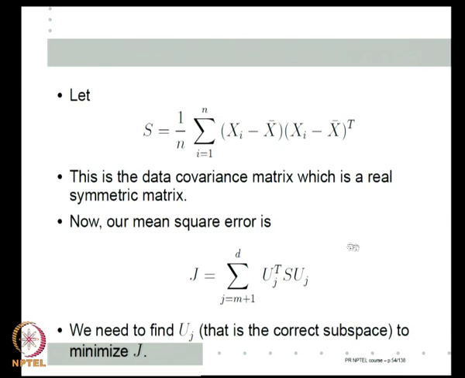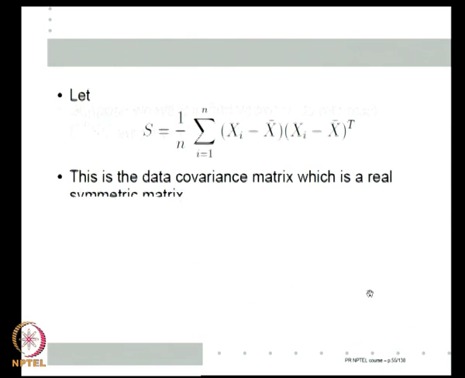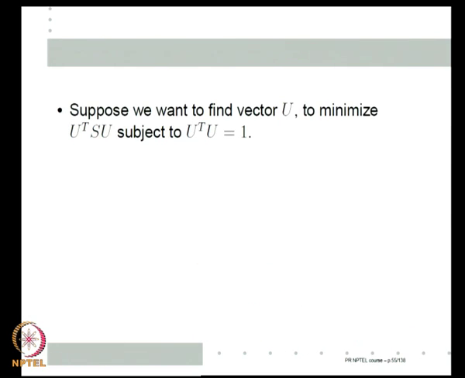Of course, here I need to minimize a sum of such quadratic forms with respect to vectors which are constrained to be orthonormal, constrained to have norm 1 and orthogonal to each other. Okay. So, let us just look at how one minimizes a quadratic form.